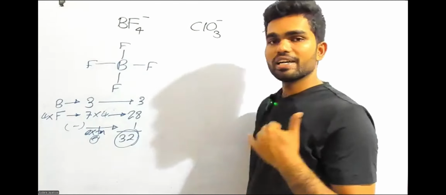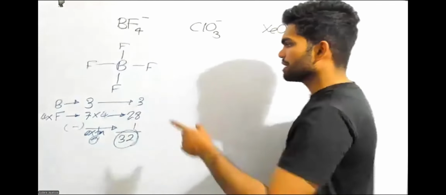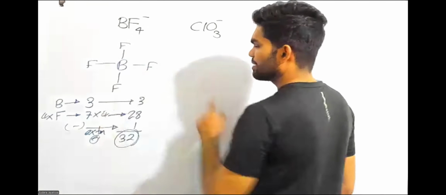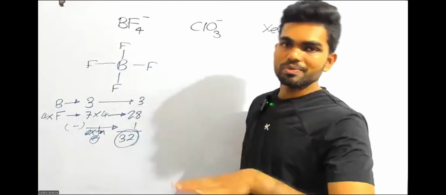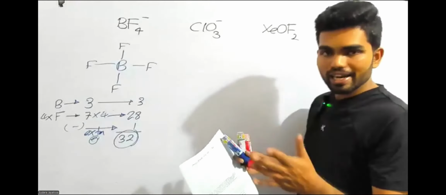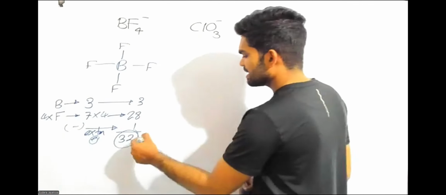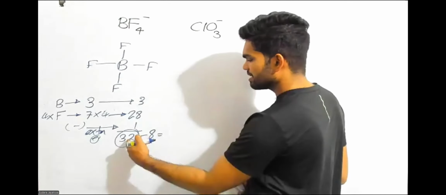But we have already shown some electrons. Look at the 4 bonds. 4 bonds mean we have already represented 8 electrons, so we have to subtract those 8 electrons from the total.